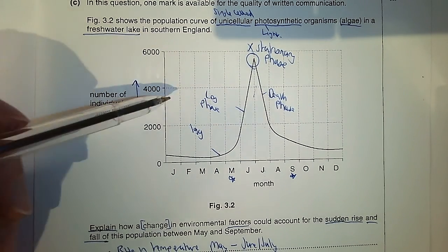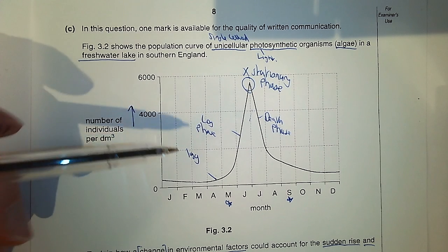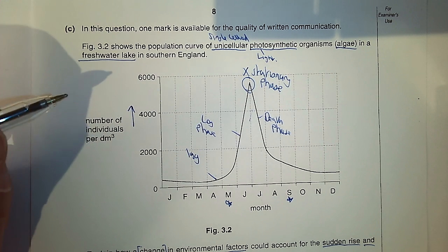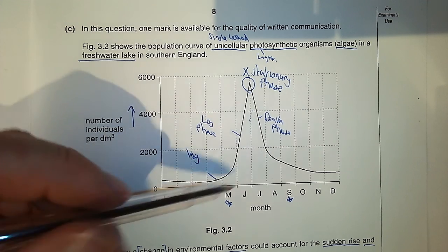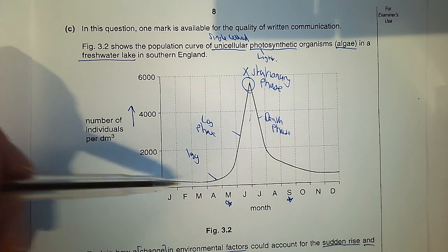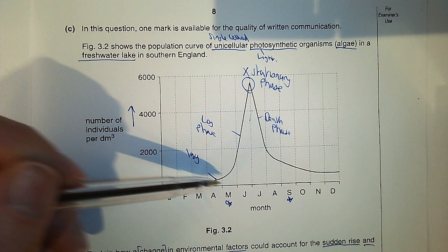Right, just one final point. Whenever you've got a graph with data, you need to make sure that we're mentioning data, alright, and that we're using numbers from the graph. So we can say that it rises from approximately 400, so between 400 and 500, to about 5,600. So we can say it rises from 500 to 5,600.